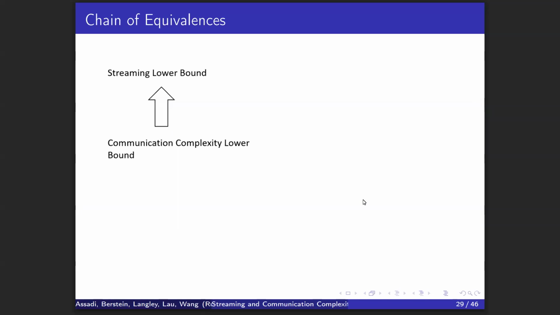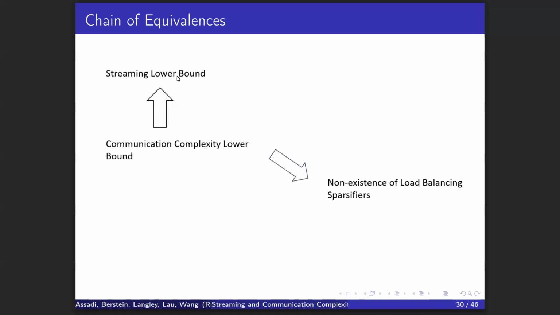So to give you an overview of this chain of equivalences, we start off by trying to get streaming lower bounds for this load balancing problem. We want to use communication complexity to get the streaming lower bound. To prove the communication complexity, we first show that communication complexity lower bounds imply the non-existence of load balancing sparsifiers, because existence implies low complexity.